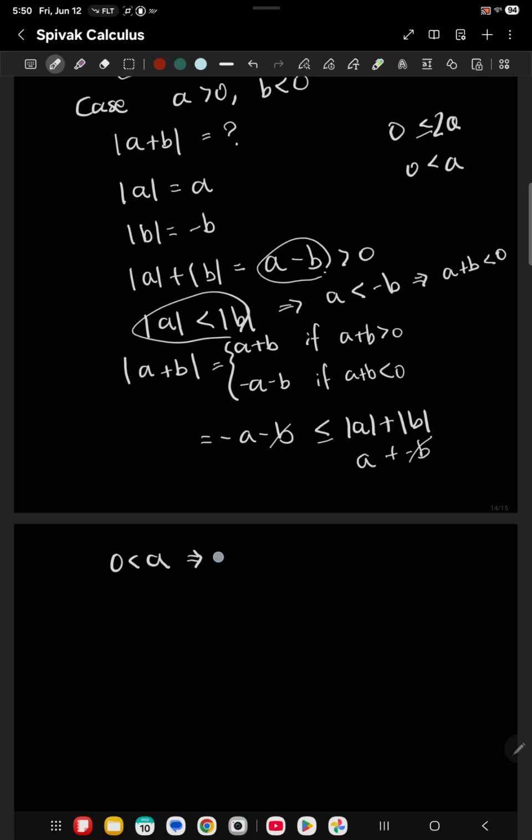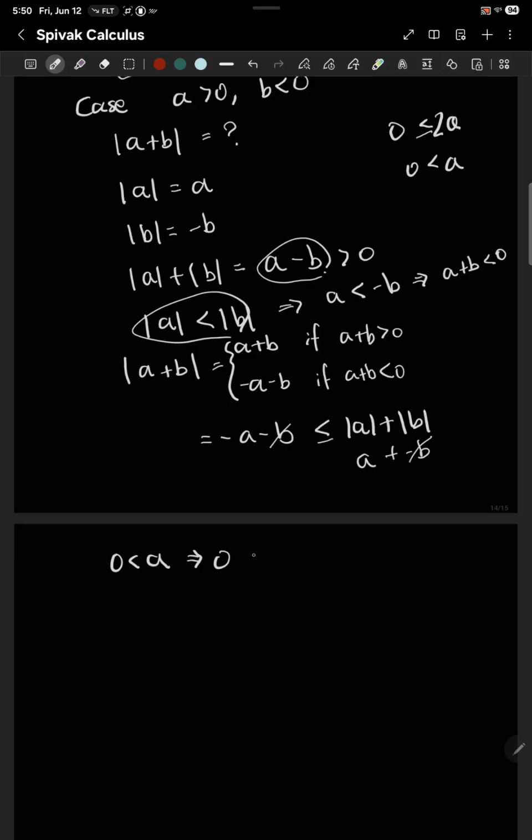That means 0 is less than 2 times a, because 2 is positive and a is positive, both are positive by closure. And we can add plus b on both sides.